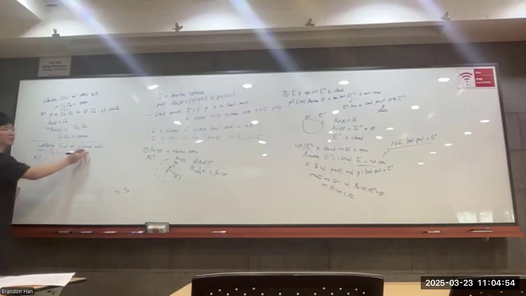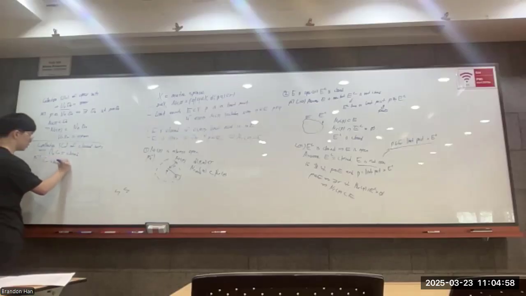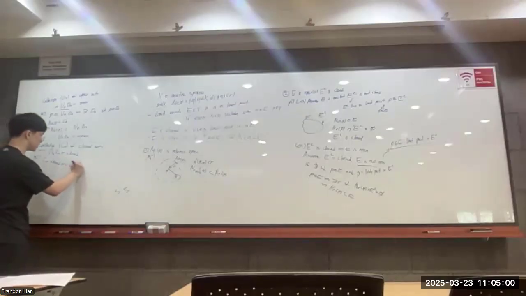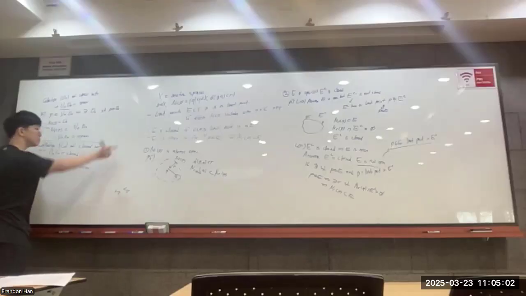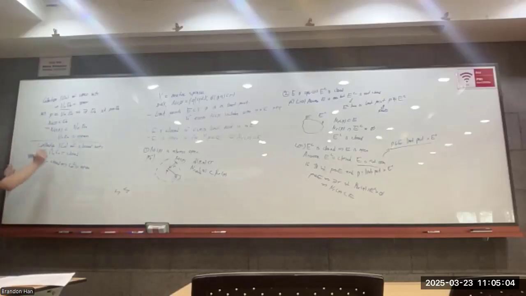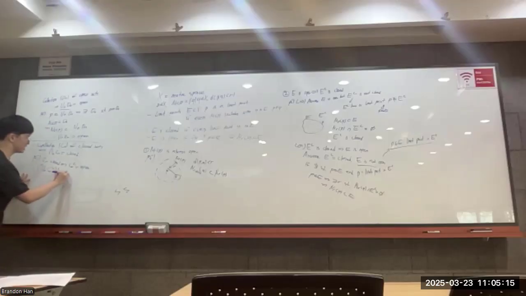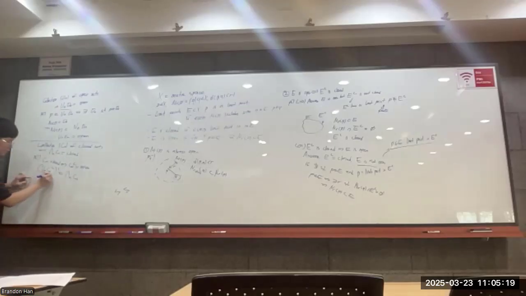So Cn is closed if and only if the complement of Cn is open, right? By that theorem over there. And so the union of all these complements must be open by this. And actually, the complement of this set is the intersection of all this. So this is an open set. We take the complement. So this whole thing is closed, which means this set must be closed.